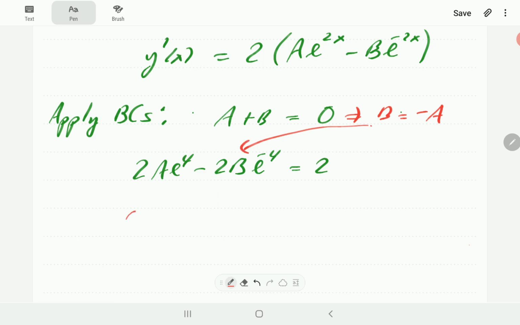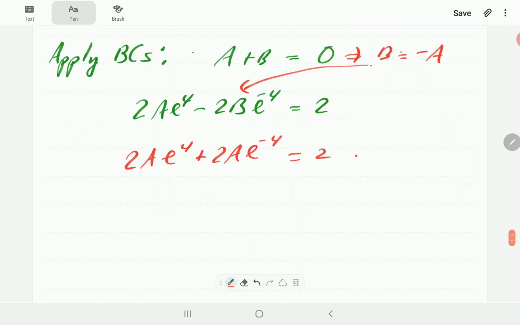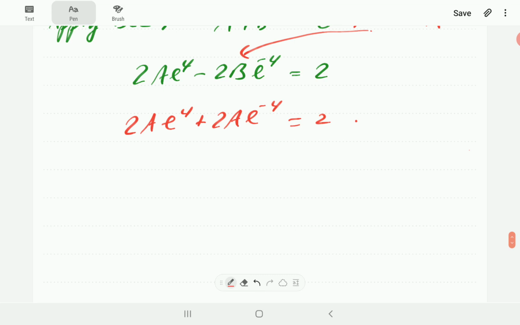So that's going to give us 2A e to the 4 plus 2A e to the minus 4 is equal to 2. So this thing, 2 is common, so it's going to be A times e to the 4 plus e to the minus 4 equal to 1.